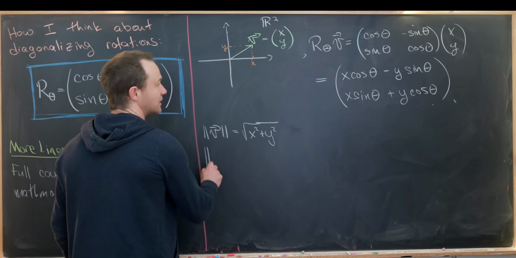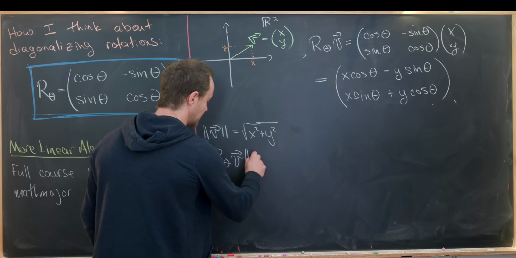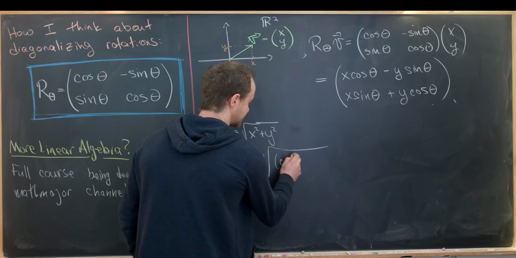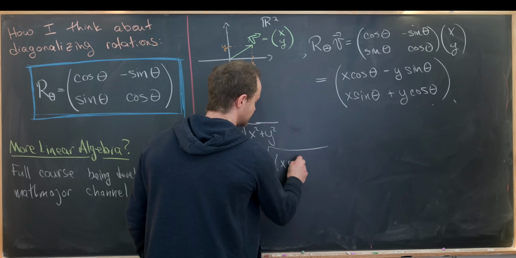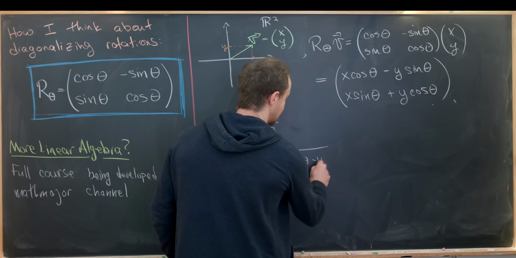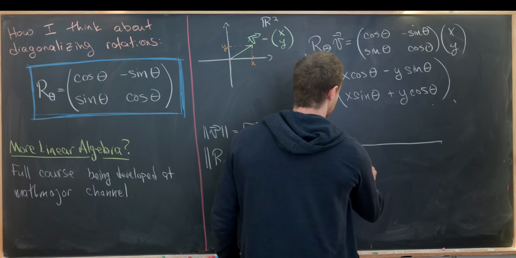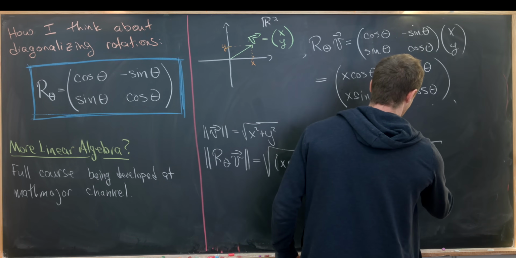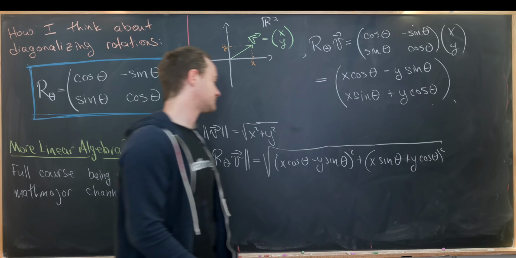But now if we take the norm of R theta times v, that'll give us the square root of x times cos theta minus y times sine theta, quantity squared, plus x times sine theta plus y times cosine theta, quantity squared.